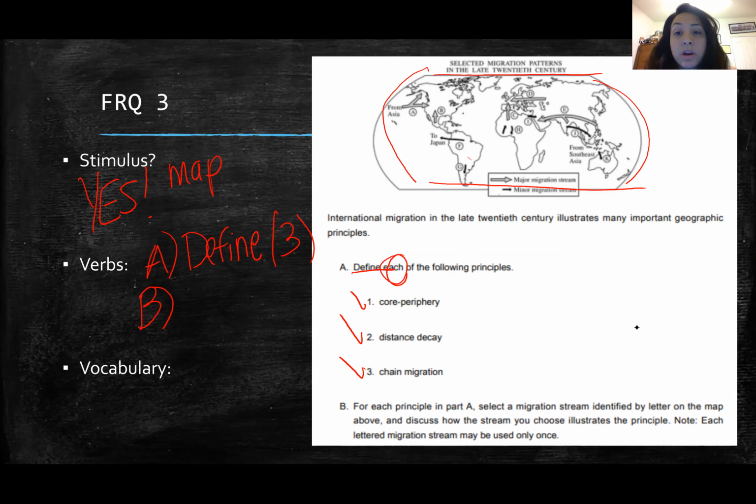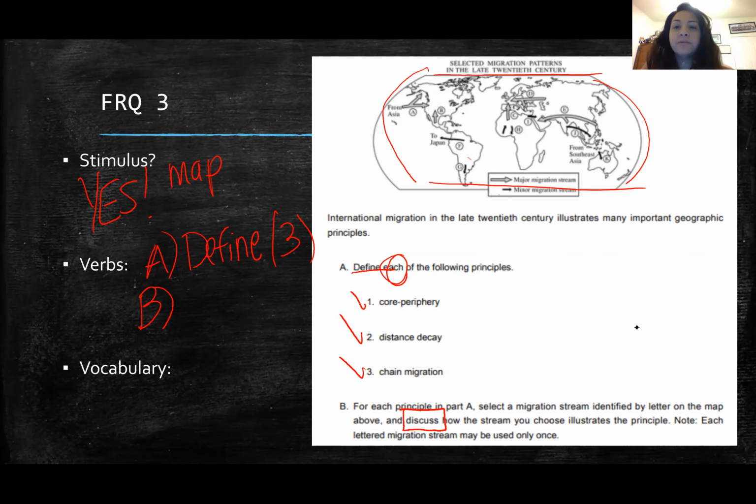Okay, so this is where your knowledge of your maps is going to be super important. So for each of these principles, you have to select one of those migration streams, and you have to discuss how the stream you chose, so discuss is your verb right there, they hid it from you. Discuss how the stream you chose illustrates the principle.